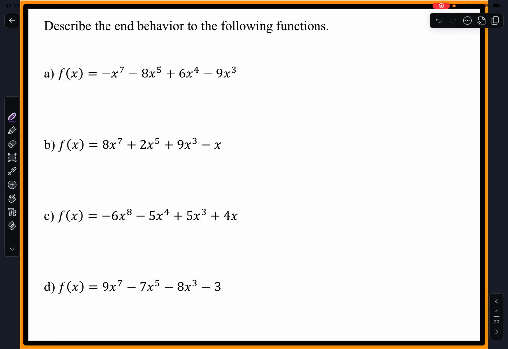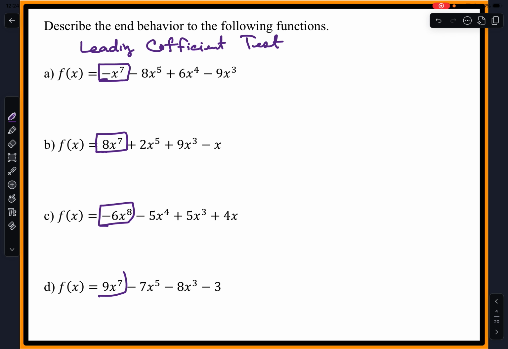Now, again, the key thing is to focus only on the leading coefficient. So we're going to use, like I explained in our lesson today, the leading term test, which simply means that we're only going to focus on the first term of each polynomial.